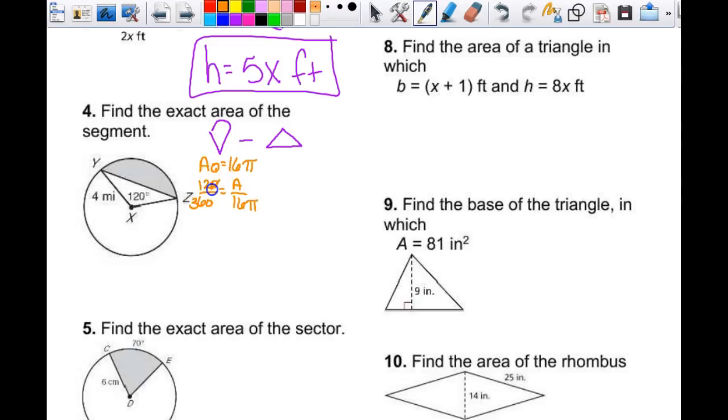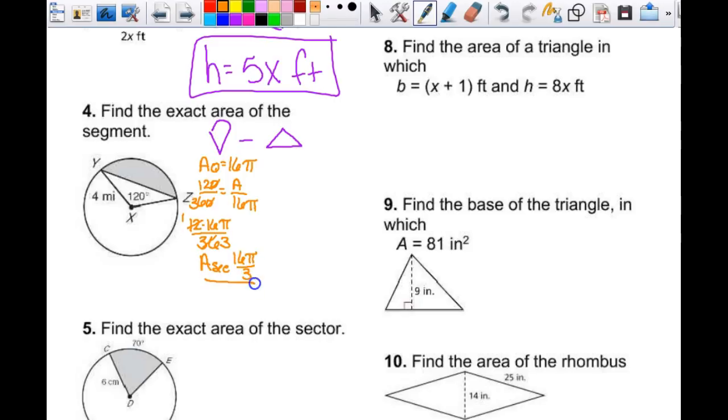Okay, so I can knock out those zeros, and then I'm going to multiply 12 times 16 pi and divide that by 36. Then I'm going to reduce and go ahead and do the 12. We'll go into 12 once and the 36 3 times. It's going to give me 16 pi over 3. And that's the best I can do there. So the area of the sector is 16 pi over 3.